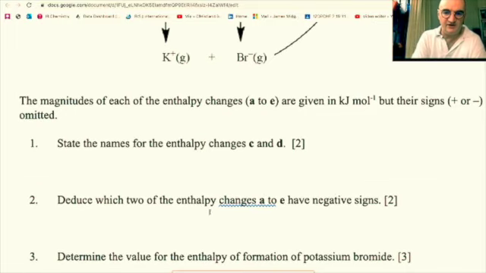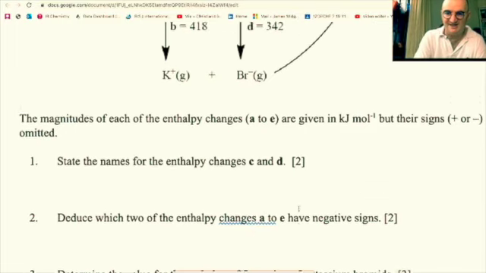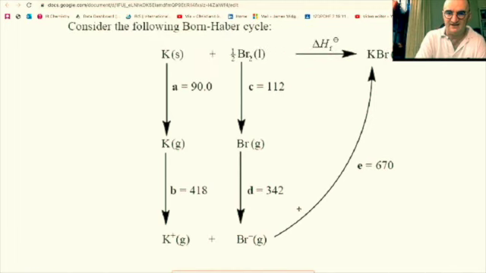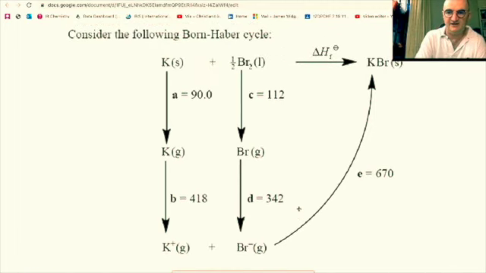So, deduce which of the two enthalpy changes, A to E, have negative signs. Which two have negative signs, please? Or should have negative signs, but don't in that cycle. E and D. Very good. What are the names of those? What are the definitions of those letters, please, Ollie?